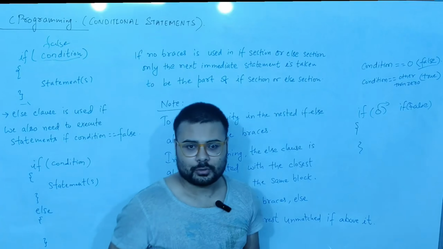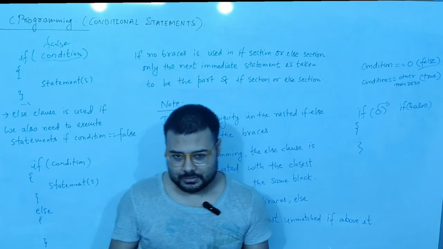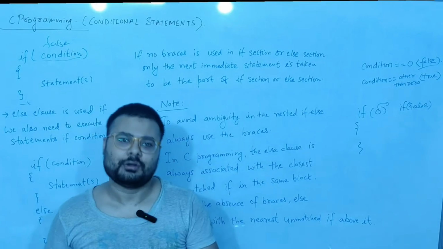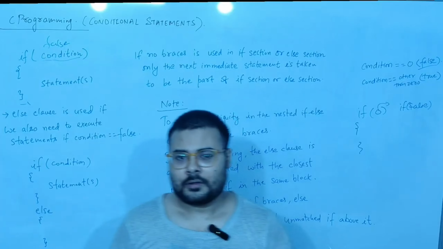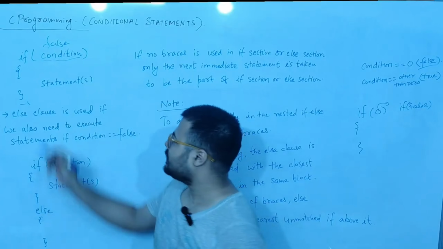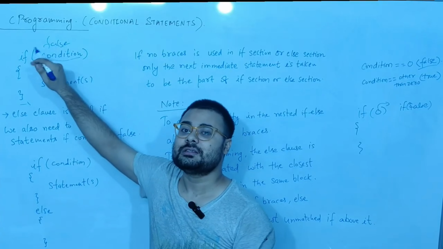But mostly in our programming languages, mostly in our problems, in this condition you have a Boolean expression only, and that will evaluate to true or false. But the rule is that if you have anything other than 0, it will be considered as true.